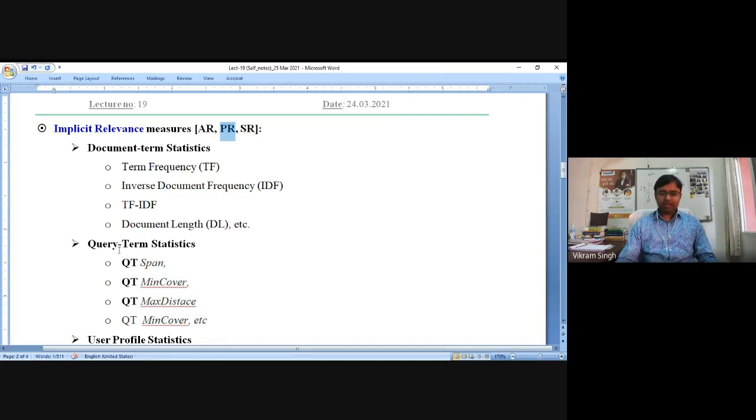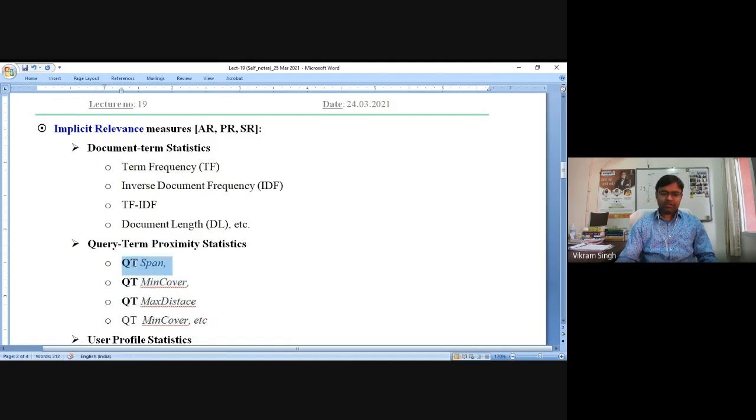If you take query term proximity value statistics to estimate relevance, recently we have proposed four measures: query term span, query term mean cover, query term max distance, and query term mean cover. These are the proposed measures.